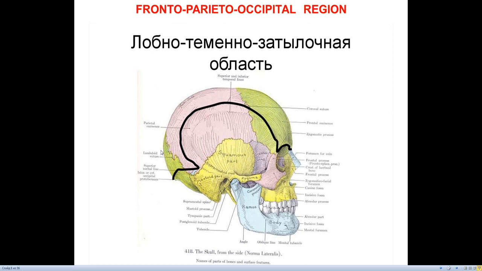And of course, after trauma, after the impact, the external layer and diploe usually are not damaged, but the internal layer is damaged and has a very good chance to destroy deeply located soft tissues.